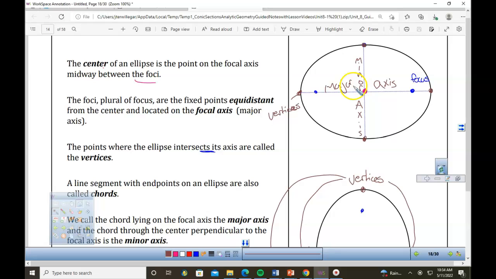Now we've got some other special things. We're going to call the length on the major axis A, because all the way across is 2A. The length on the minor axis we're going to call B. A will always be your major axis, and B will always be your minor axis.